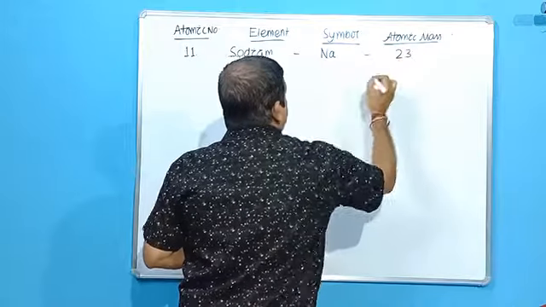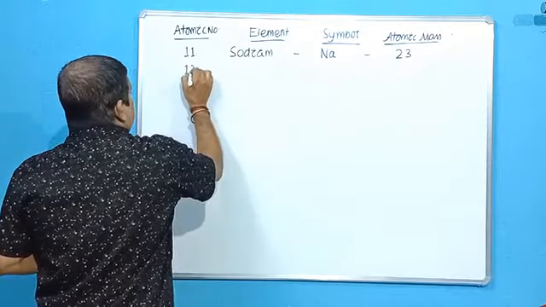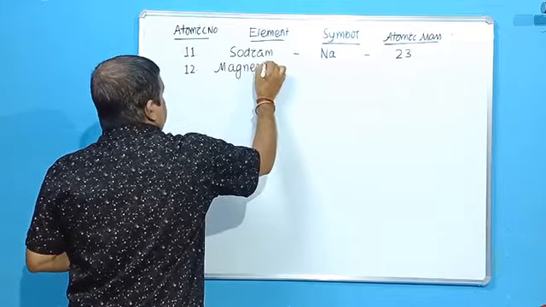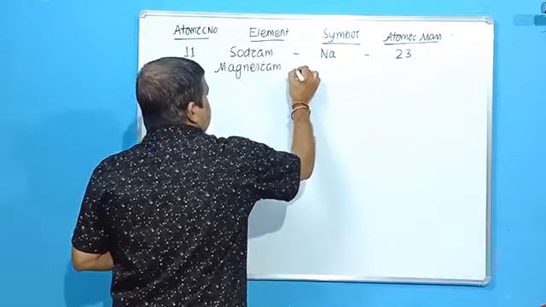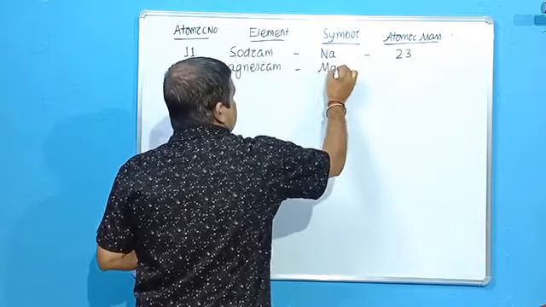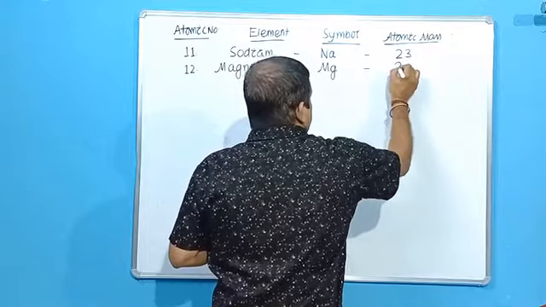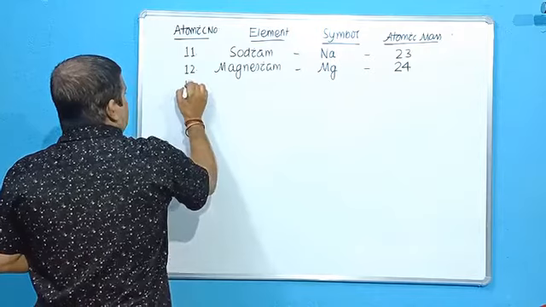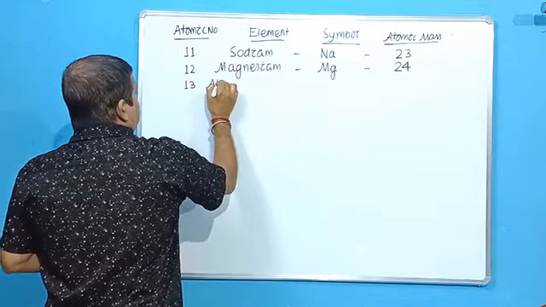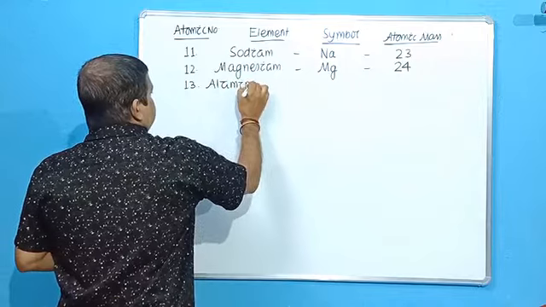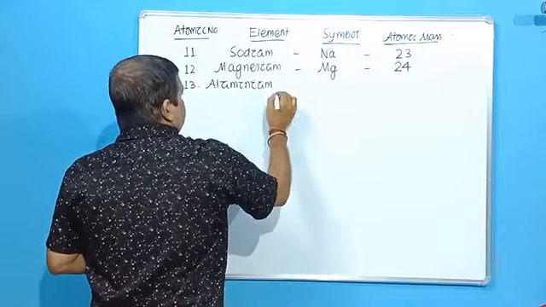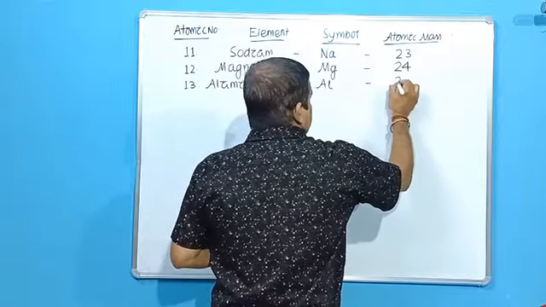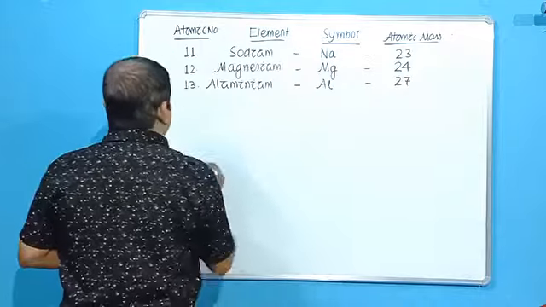Atomic mass is 23. Then 12 is magnesium. Mg, capital M, small g. Atomic mass is 24. 13 is aluminium. Aluminium, Al, mass is 27.